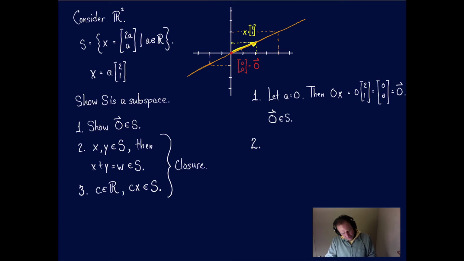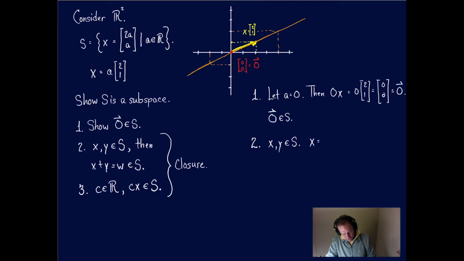Let's take an x and a y that are both in S. Usually you would use a general example, but I don't think we're quite ready for that yet. Let's use a specific example. Let's use x as -2, 1.